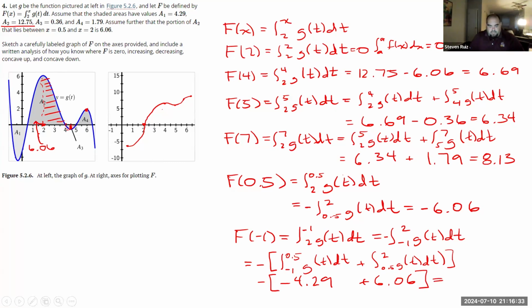What is 6.06 minus 4.29? That is 1.77, and I need to make that negative, so this comes out to be negative 1.77. So f of -1 is negative 1.77. So I have this value here.